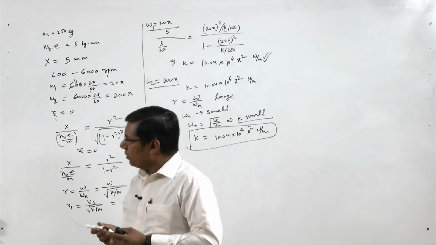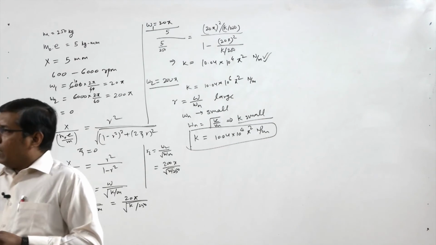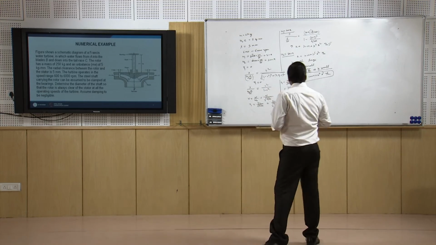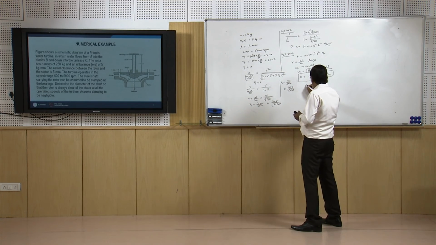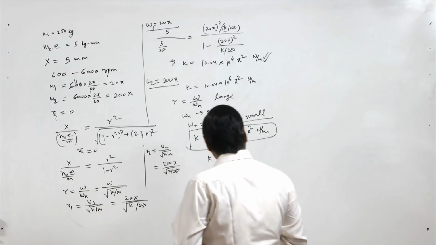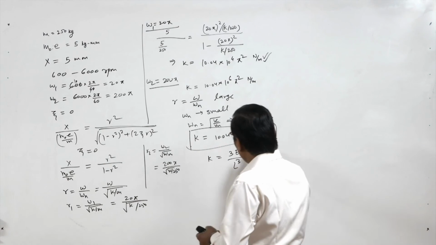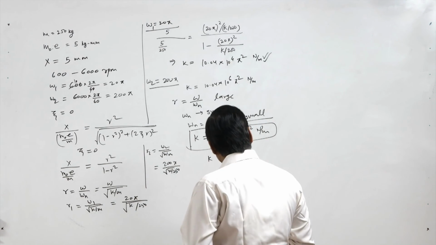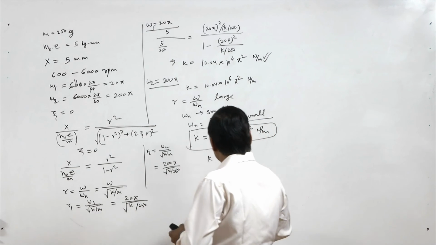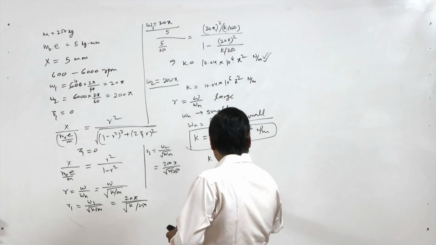Now we have to find the diameter, and we know that, as I said, this is like a cantilever beam. So for a cantilever we have k equal to p by delta, and delta is p L cube upon 3 EI. So k equals 3 EI by L cube. Okay.